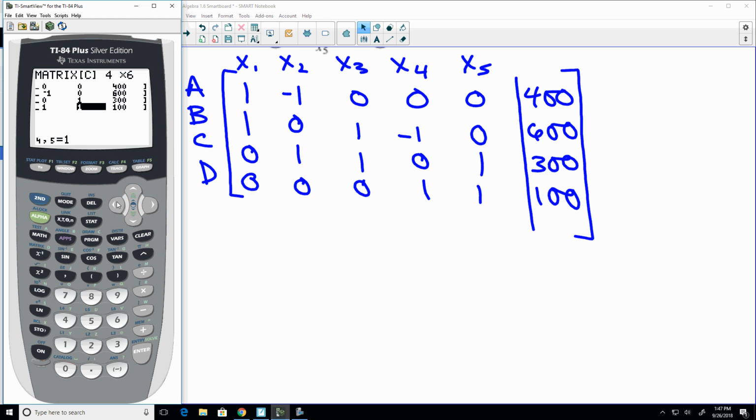I'm just going to quickly check that these are correct. That's correct. So I'm going to row reduce.